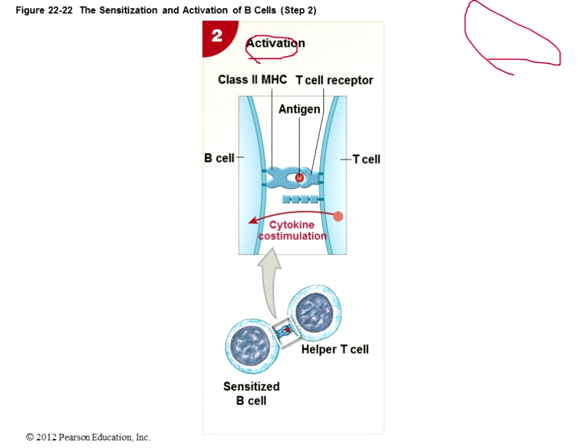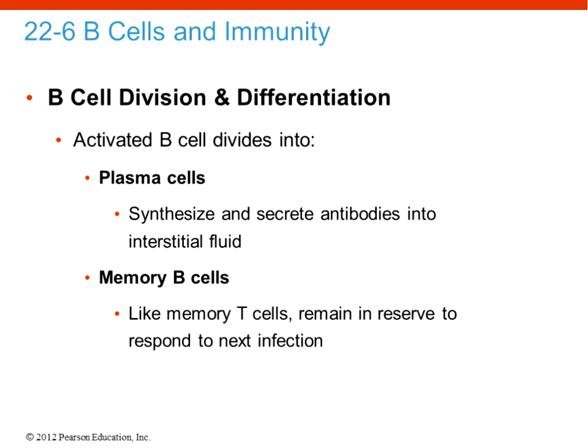And so we see in this image of activation, the B cells and the T cell, you're getting cytokine co-stimulation to activate that sensitized B cell, which you can see in this image here.